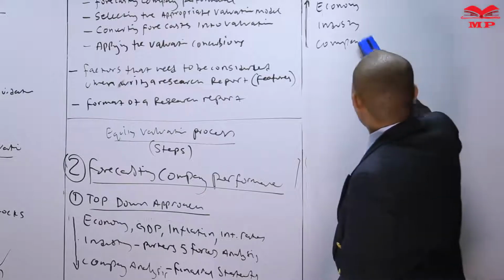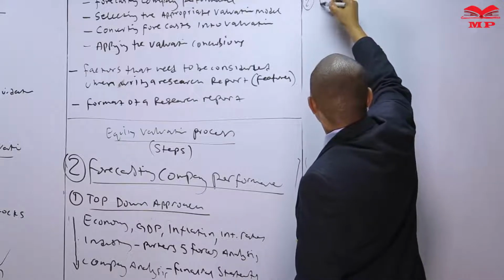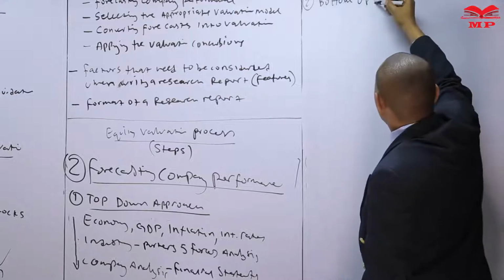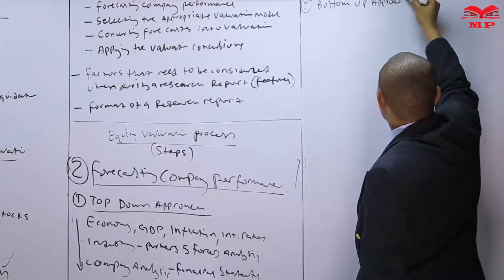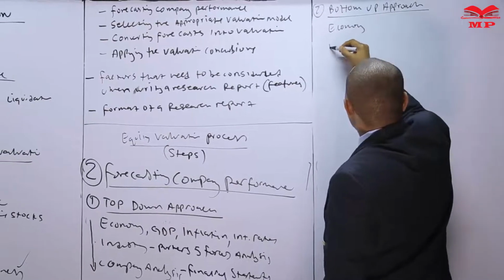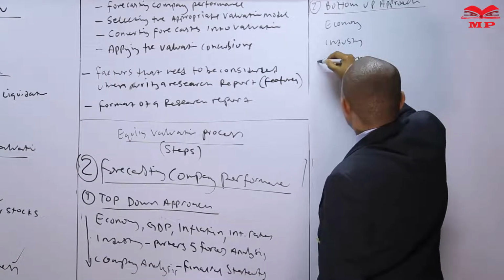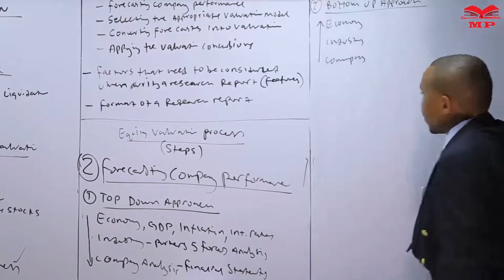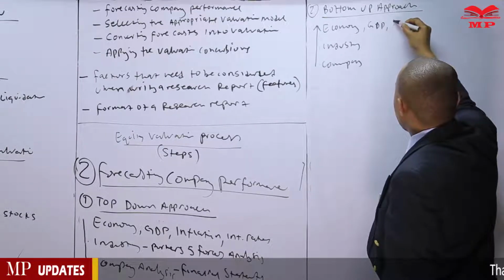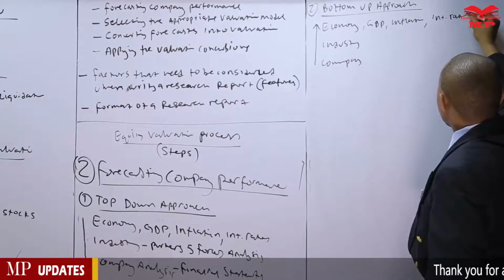So we can probably squeeze in something here. I can rewrite it again. Bottom-up, number 2, bottom-up approach. So we have the economy, industry, company. Just draw an arrow like that. So we can write the factors: GDP, inflation, interest rates, like that.